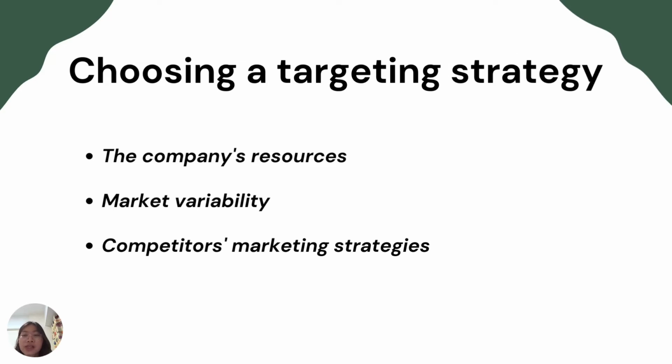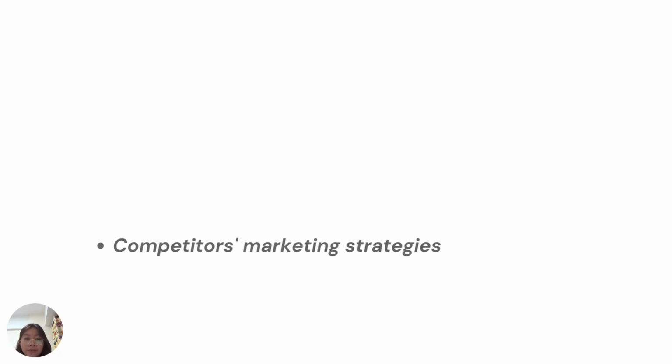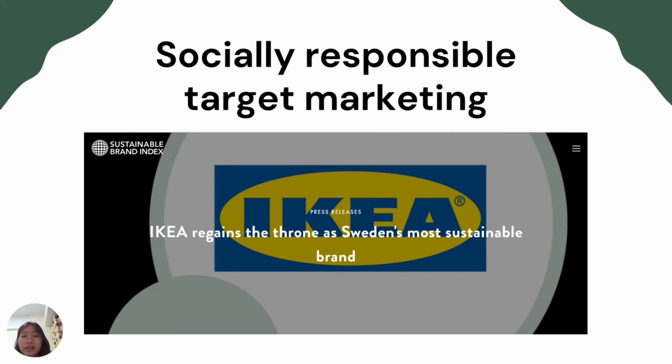So how to choose a targeting strategy? It is based on many factors such as the company resources, market variability, and competitors' market strategies. The issue that should be addressed is socially responsible target marketing, which serves not just for the aim of the company, but also the well-being of the consumers.